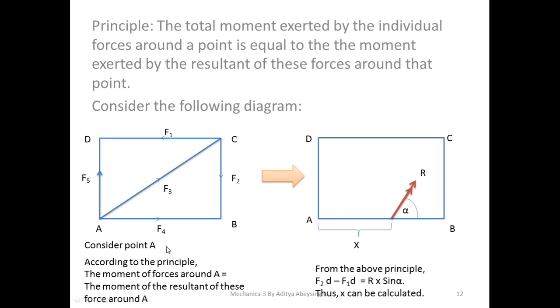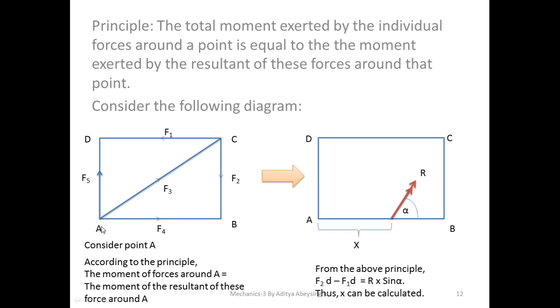So from the above principle, you can say that the moment of forces around A by the force system is, as we calculated in my last video, F2D minus F1D, because F5, F3 and F4 go through A, so their effect can be ignored, and the only forces that create moment around A are F1 and F2.